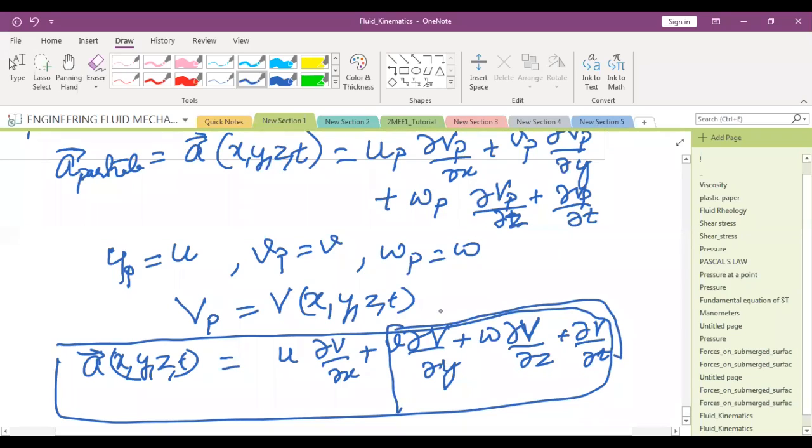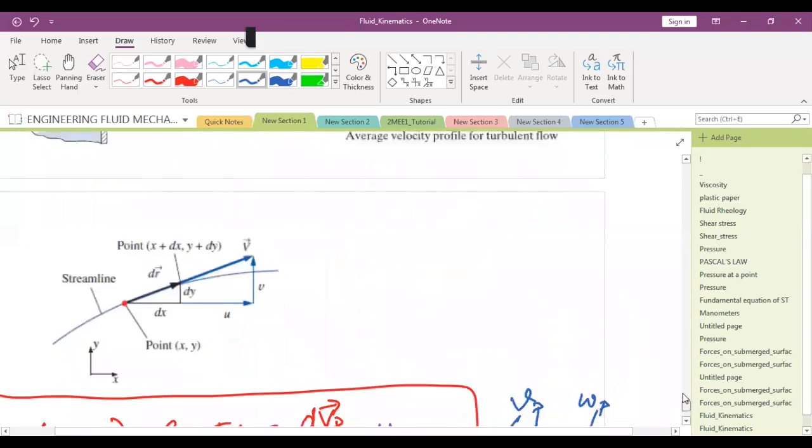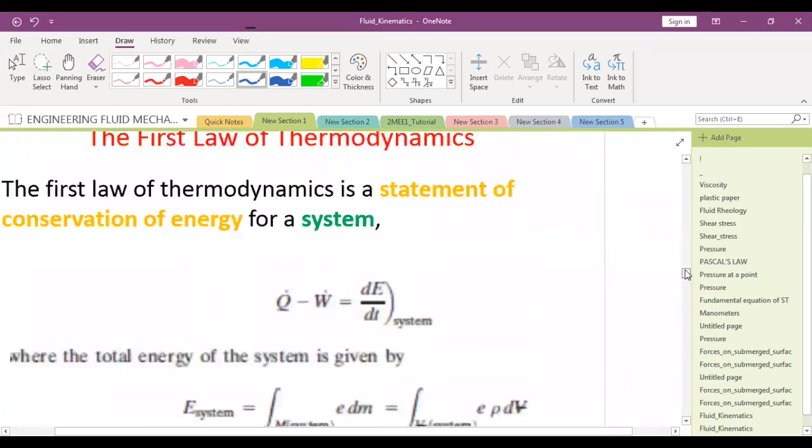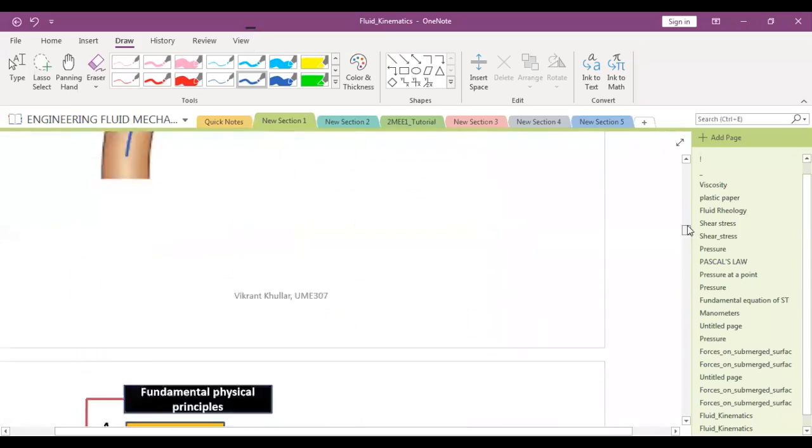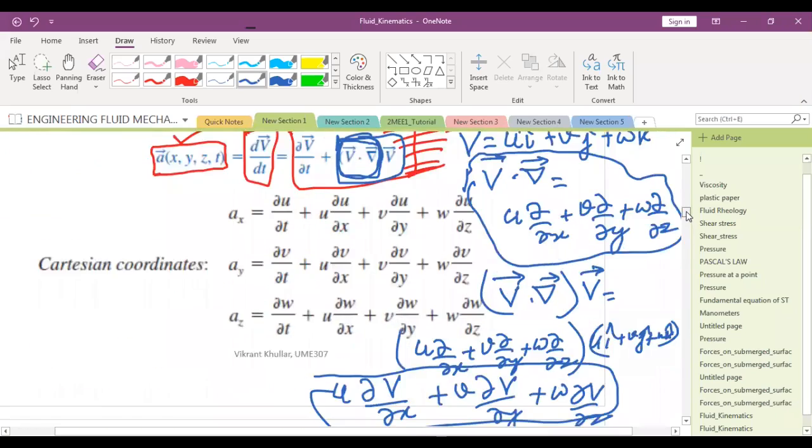And this term is also already there, which is with respect to time. So now it is clear how this expression came.